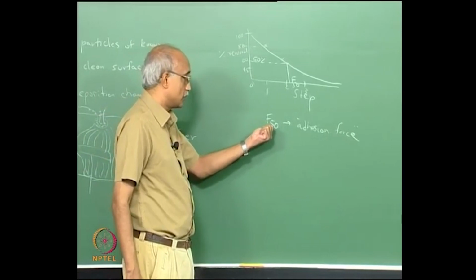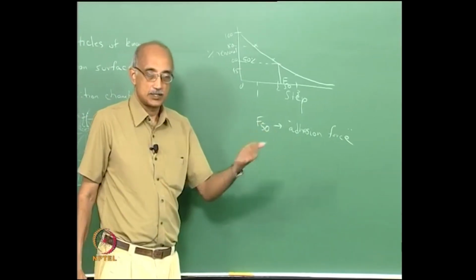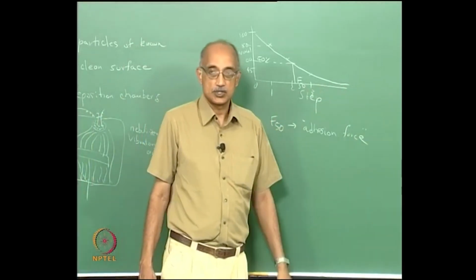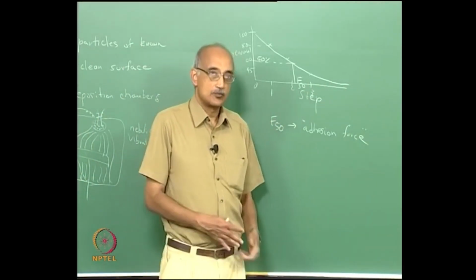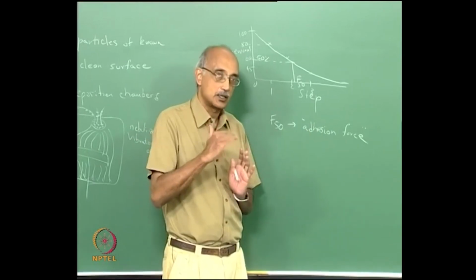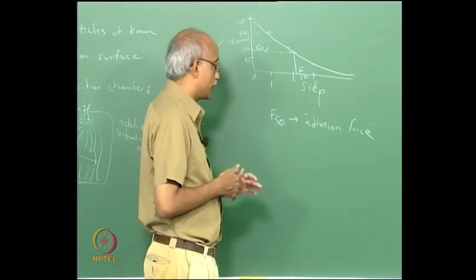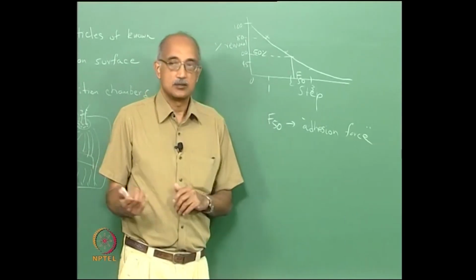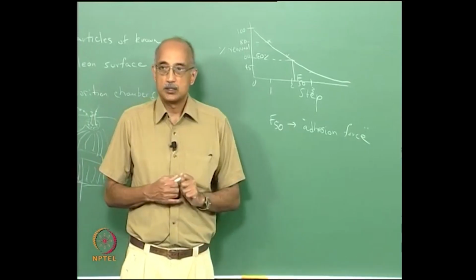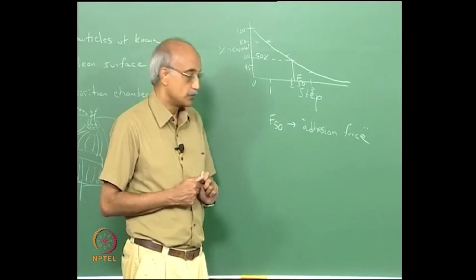The reason that we do not define F100 as the adhesion force is that it might take a long time to get to 100% removal, and it is not practical to wait until you have removed all the particles in order to define a corresponding adhesion force. So, for practical purposes, by convention, by tradition, we take F50 to be a representation of adhesion force.